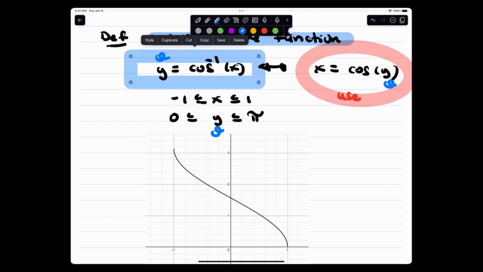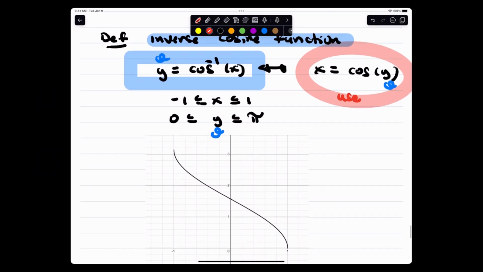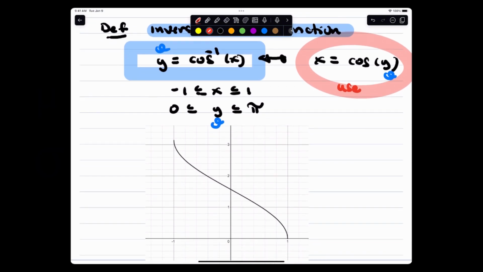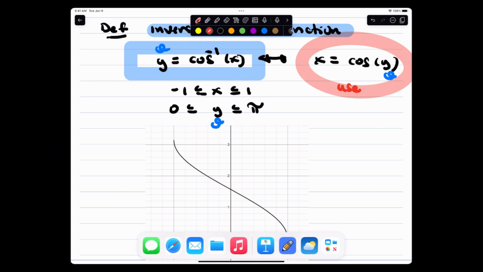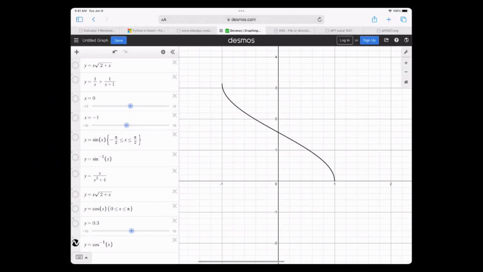I just want you guys to recall something amazing here. Go back to intermediate algebra. What's the relationship between any function and its inverse? Like if I showed you this, this is the inverse cosine curve. Do you guys know the relationship between those functions? I'll show you in Desmos.